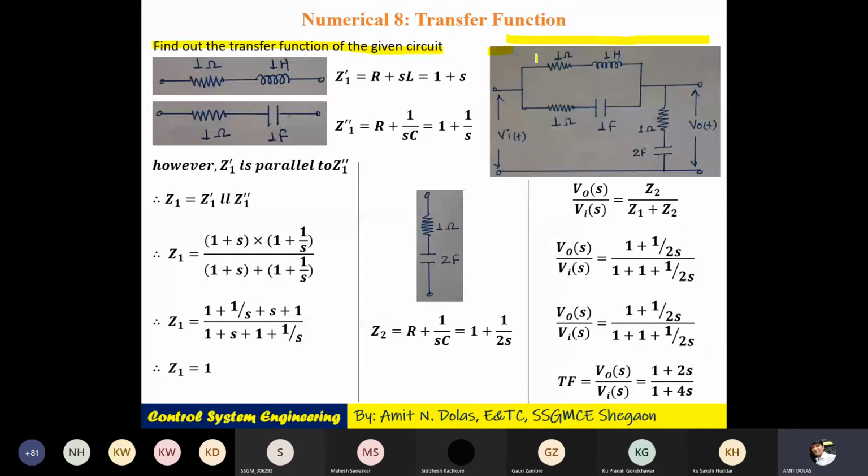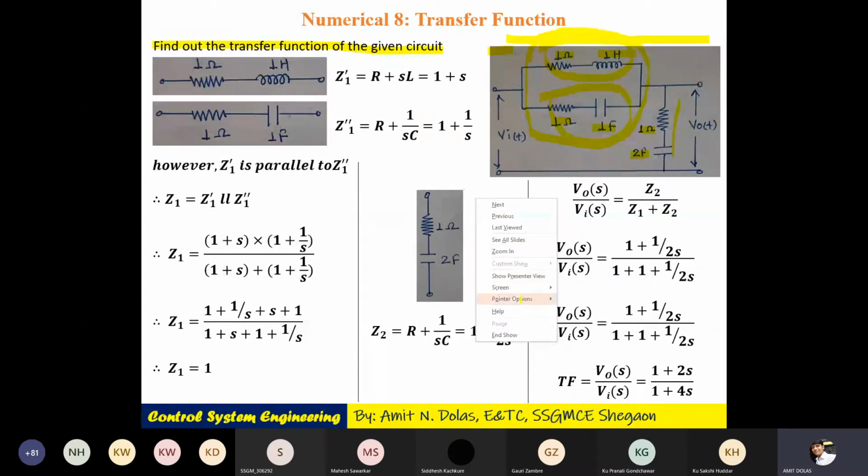So you can see here, 1 ohm resistance and 1 Henry inductor, they are in series. 1 ohm resistance and 1 farad capacitor, they are in series, and this complete is in parallel, and at the output we have 1 ohm resistance and 2 farad capacitor in series here. So we have to be careful while solving this type of numerical.